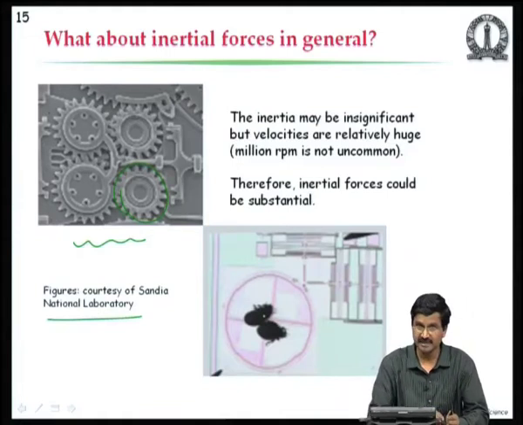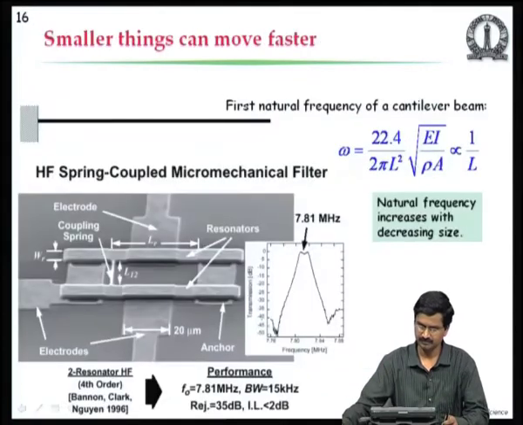So, when you consider dynamics, of which we had a very small introduction in the context of vibrations and resonance frequency and other issues in this discussion on modeling, if you consider the dynamic response in general, we have to include the inertial effects, otherwise again we get a wrong answer.